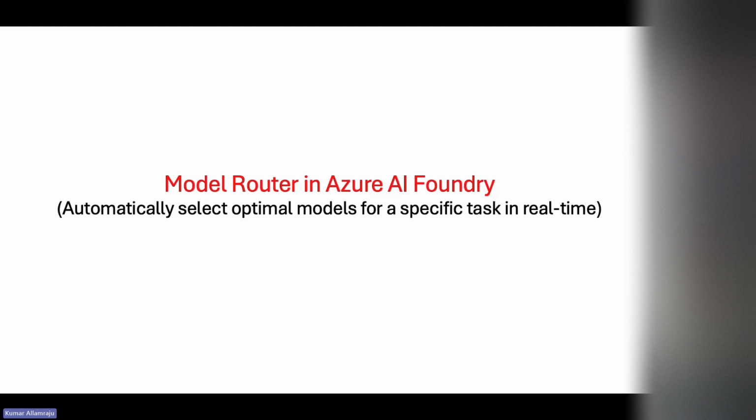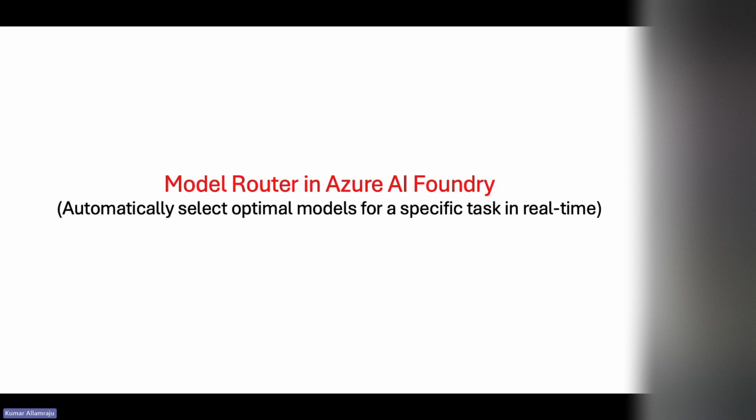I think the same concept goes here, but the model router in Azure AI Foundry is a deployable chat model, and I'll talk about what I mean by that, that is trained to select the best large language models, LLMs, right? And it responds to a given prompt in real time.